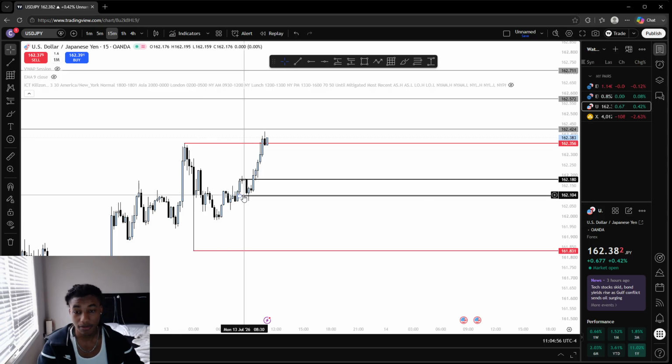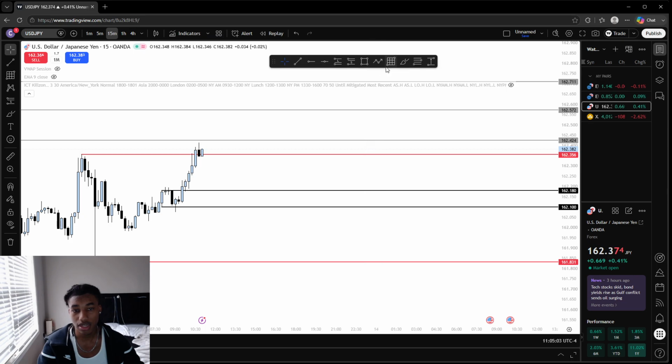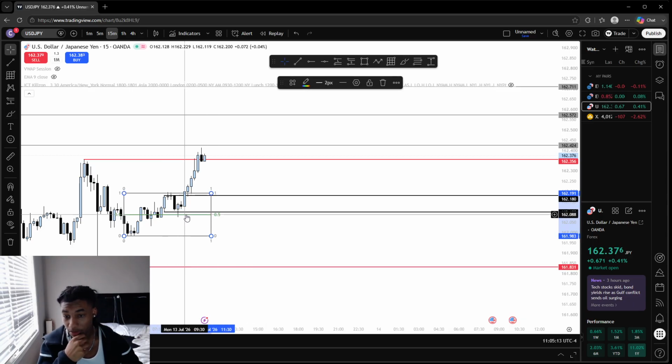We marked our 15-minute highs and 15-minute lows. We didn't get a break of our 15-minute highs. If we take our Gann box and drag it from our most recent low to our most recent high, we can see price is respecting our 50%. It didn't break below our 15-minute low.